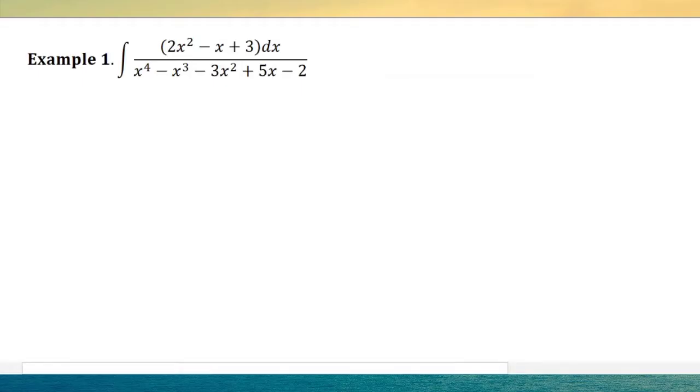So, the possible factors for this, since we have here negative 2, pwedeng negative 2 and positive 1, or negative 1 and positive 2. So, itong apat na to yung mga possible na factors natin. Now, we will just choose one, so, try natin sa negative 1.